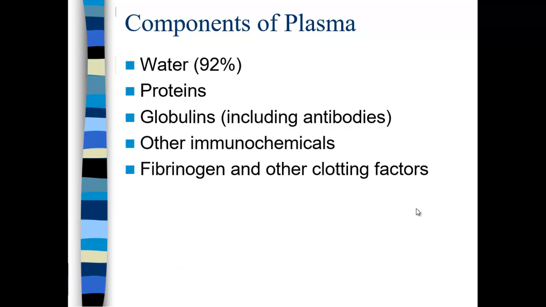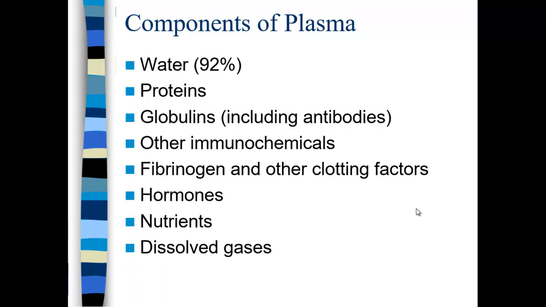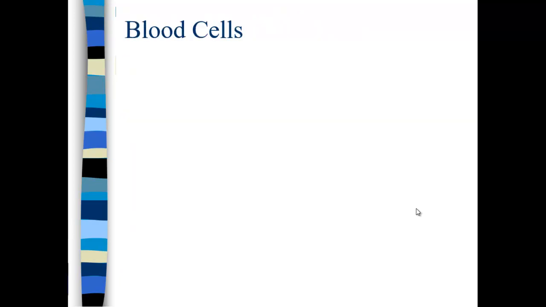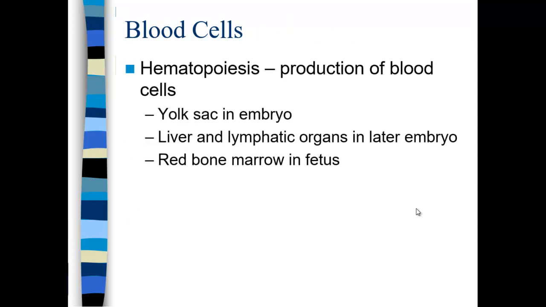You'll find primarily in the plasma hormones, nutrients, and dissolved gases. Also waste products that will be filtered out in the spleen and the liver and the kidneys. Okay, and then outside the plasma, you also have blood cells.